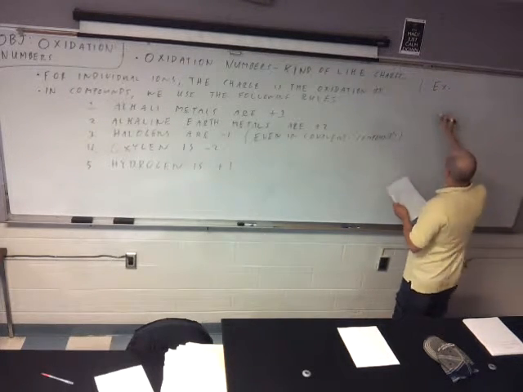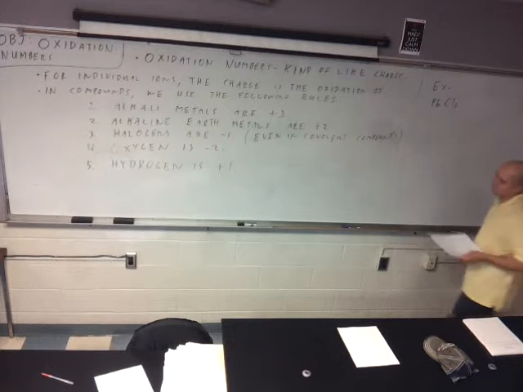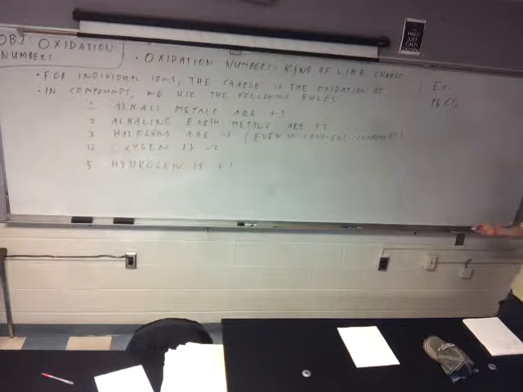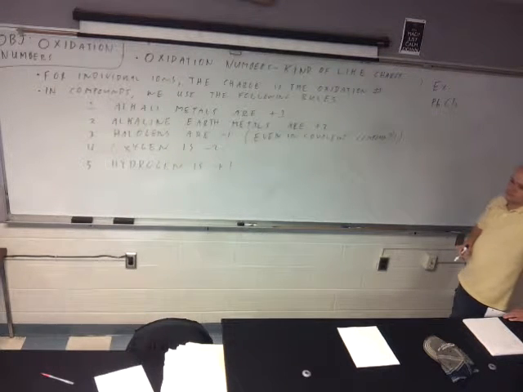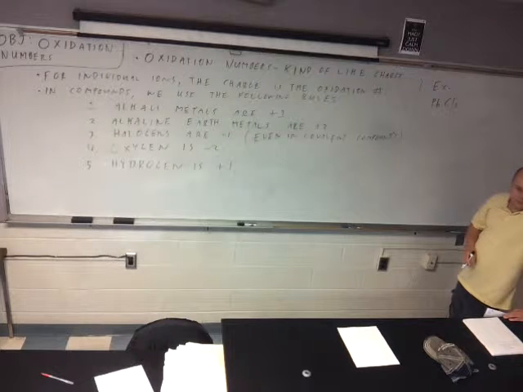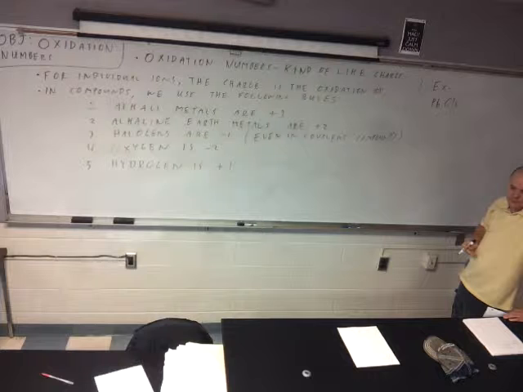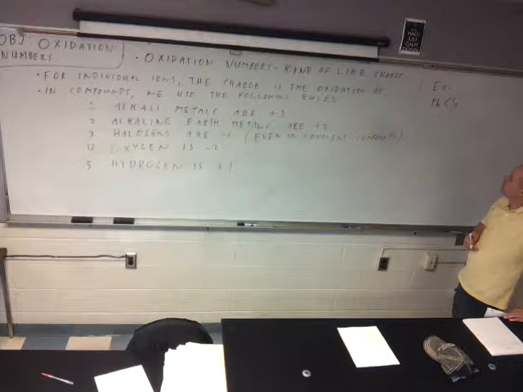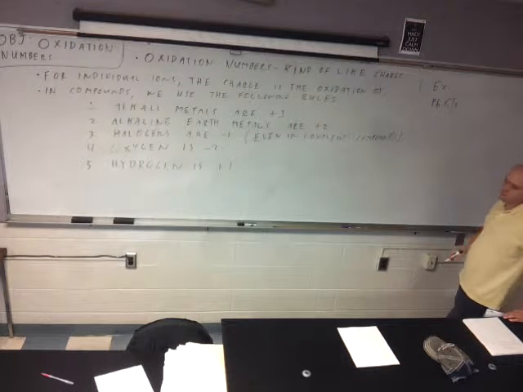Let's do lead chloride, PbCl2. Okay, so we want to break this down. We want to know what are the oxidation numbers for lead and for chlorine. So, what are your thoughts? Well, do either of these fit into those five rules?